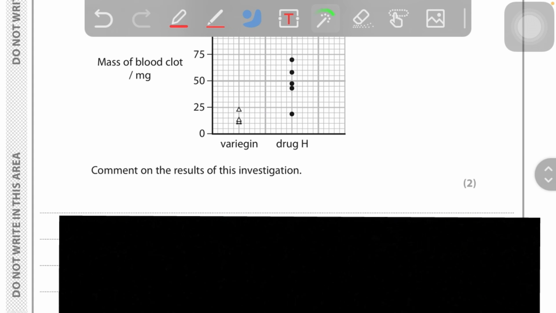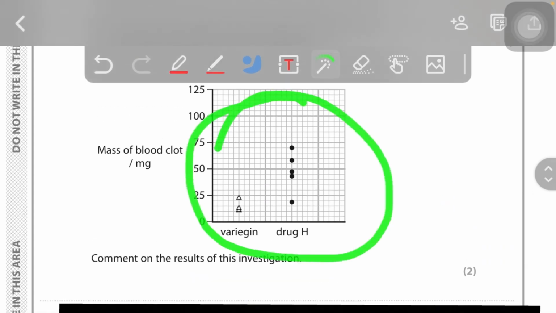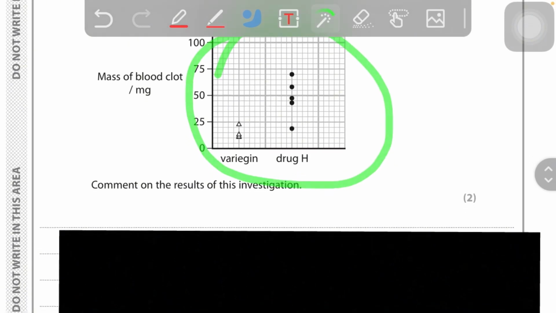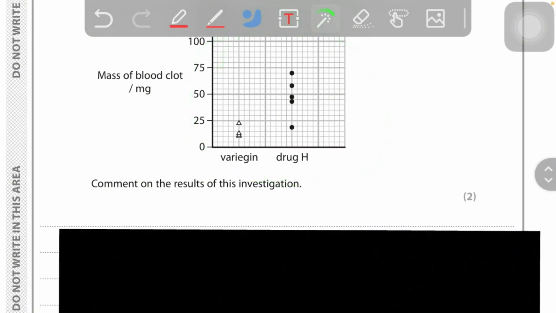So you just need to make a comment on the result. Whatever you see in this diagram is that, overall, variegin results in less blood clot than drug H, right?